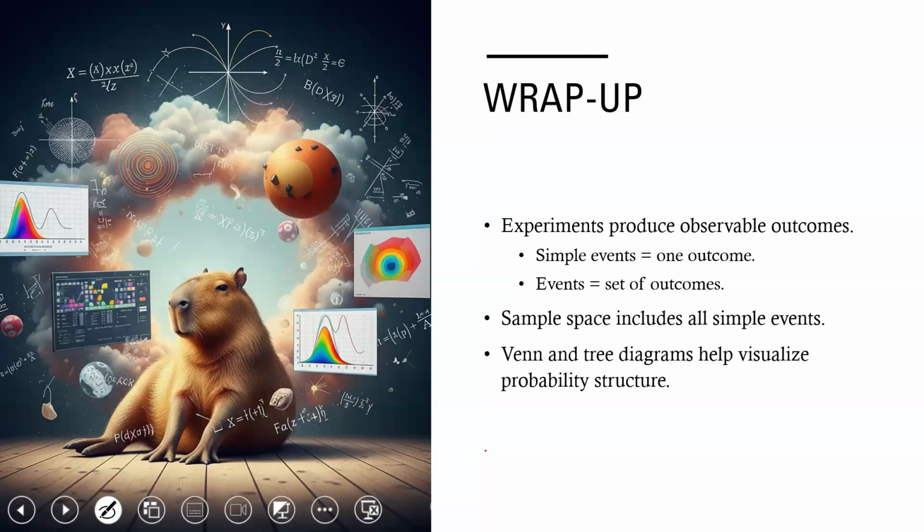Venn diagrams and tree diagrams help us organize and visualize these ideas, especially when problems grow more complex. Understanding these basic building blocks sets the stage for everything we do with probability, from estimating risk to designing simulations to interpreting data in the real world.